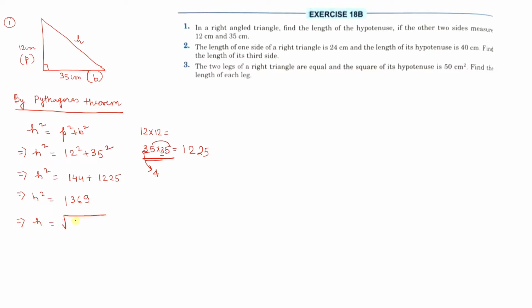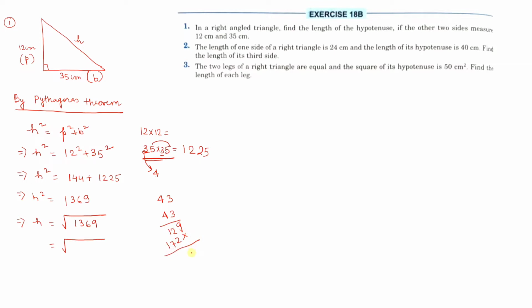So next, you have to find the square root of 1369. You have to find such a number. Okay, let us check what 43 into 43 will be. 3 threes are 9, 4 threes are 12, 4 threes are 12, 17.